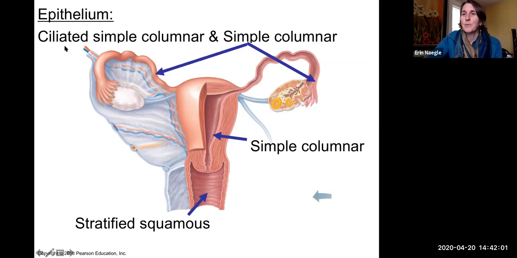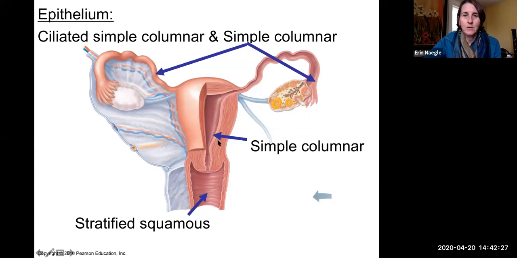The cilia help sweep the egg or the fertilized embryo into the uterus, and that simple columnar epithelium is secreting the mucus that helps to lubricate and helps with the overall health of the uterine tubes.